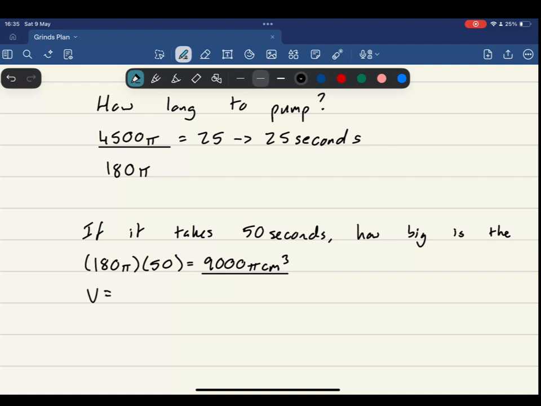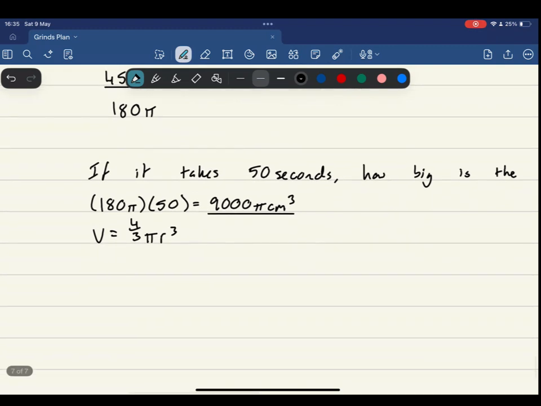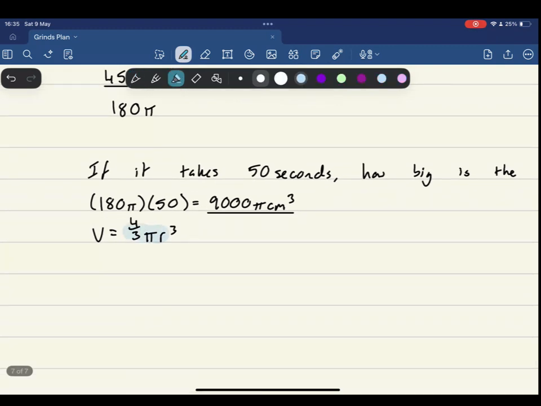But we also know volume is equal to 4 over 3 pi r cubed. So this is the volume of a sphere, the sphere we're trying to find, so we can find r. Next, we're just going to equate them. So it's 4/3 pi r cubed equals 9,000 pi. The pi's are going to cancel because they're on both sides and multiplying everything.